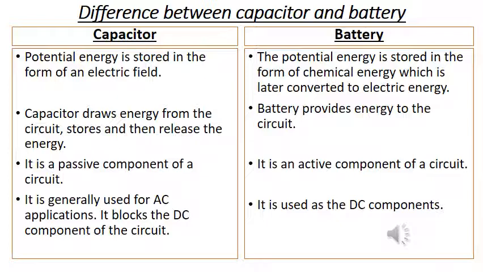Battery is an active component of the circuit, and just opposite to the passive component, active components are those that need an external power source to control or modify electrical signals. Capacitor is generally used for AC applications. It blocks the DC component of the circuit, but battery is used as the DC component.